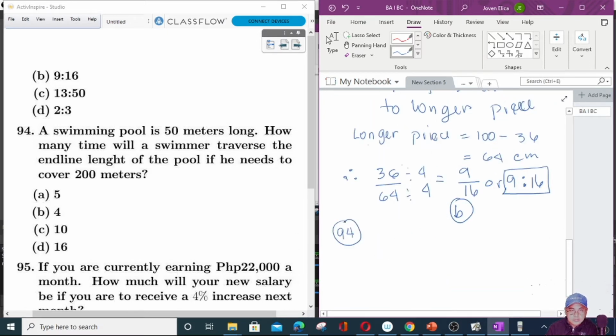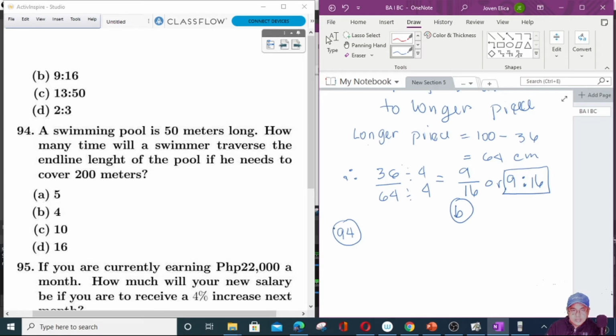94. A swimming pool is 50 meters long. So this is also a tricky question. How many times will a swimmer traverse the end-line length of the pool if he needs to cover 200 meters?